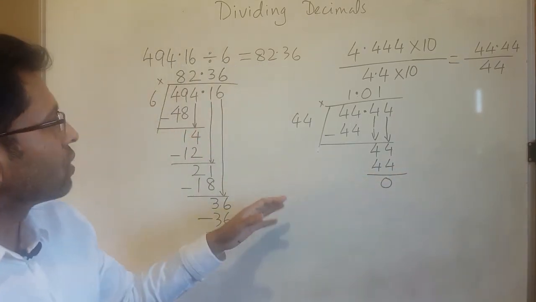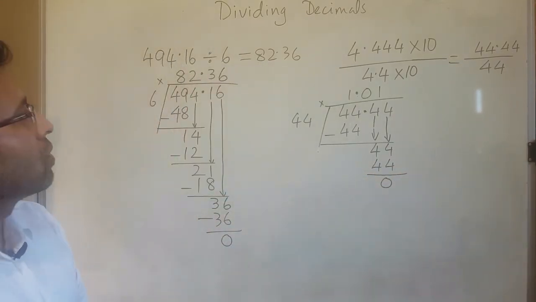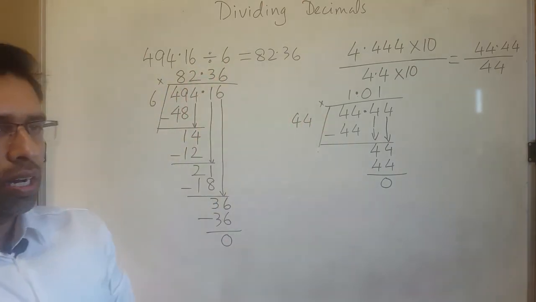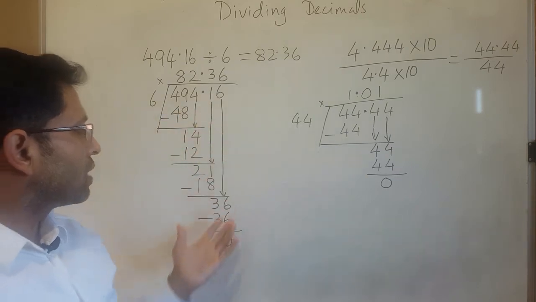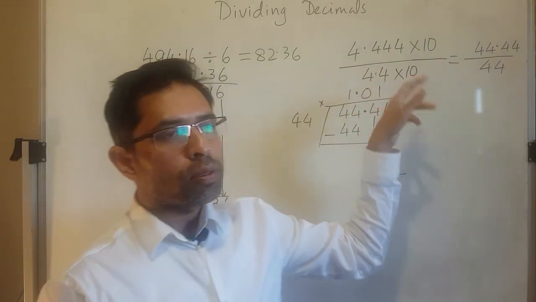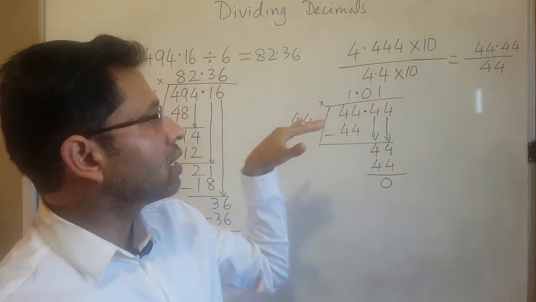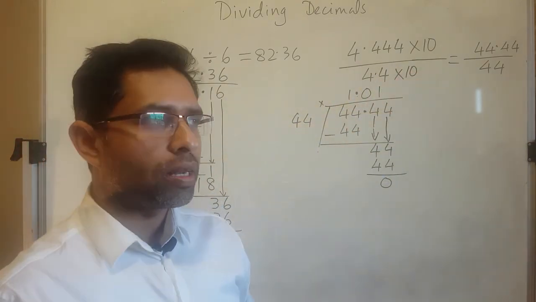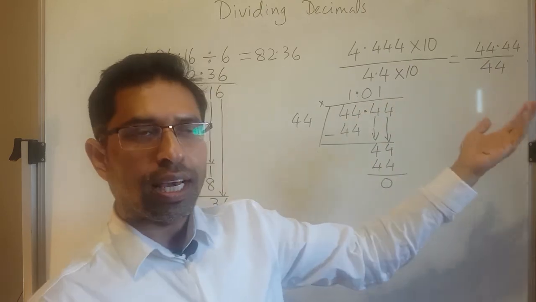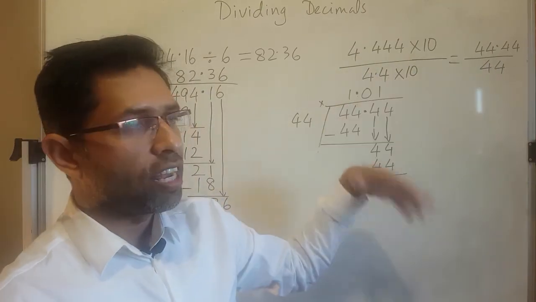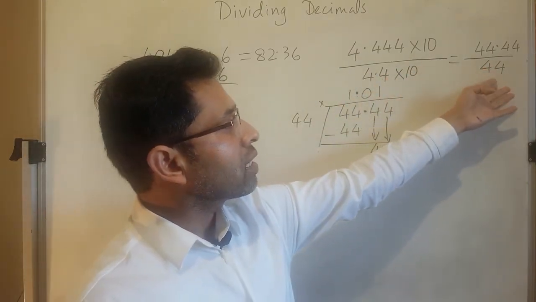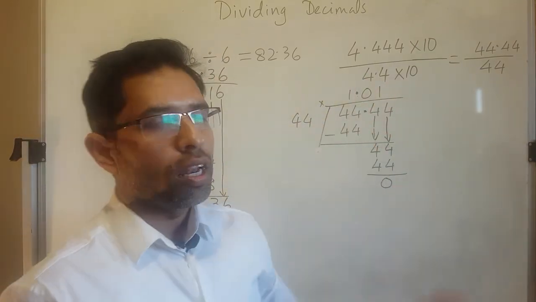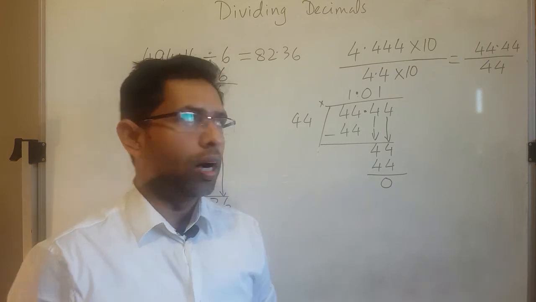So the learning point for dividing decimals: if the divisor is already a whole number, you can just divide using long division. If there is a decimal number in the divisor, we eliminate the decimal and make it a whole number by multiplying by 10 or 100 depending on the value, and only when the divisor is a whole number do we use the long division method to get the answer.